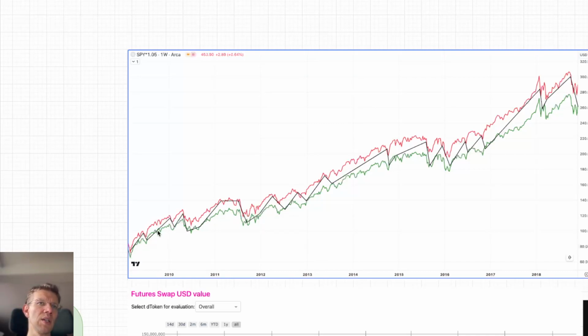And I draw here the black line, which is basically what I think would be a realistic scenario. I mean, this is now a weekly chart, and it's moving far more in between, but just to get a picture of the overall movement, to understand why I think it's working.